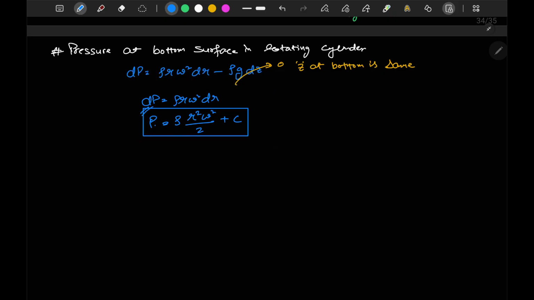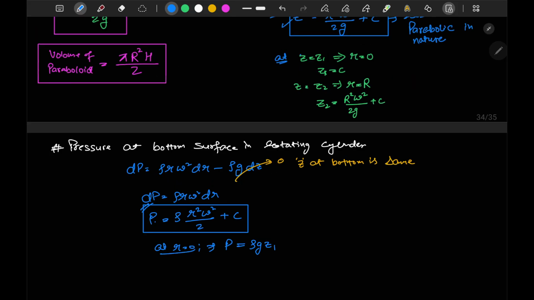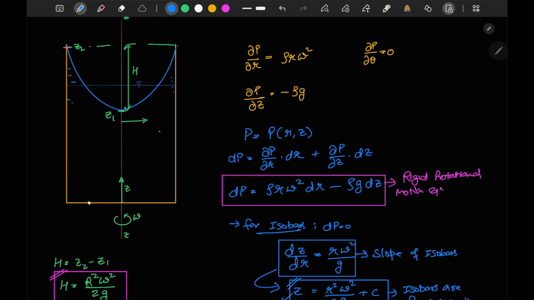Now if I want to calculate the value of c, I can say that at r equal to 0, that is the center, the fluid will be in static condition. So at that point my pressure will be equal to rho g z1, where z1 is the height at this point.